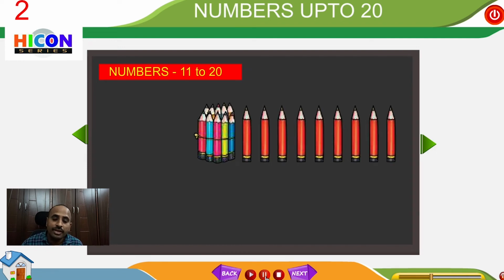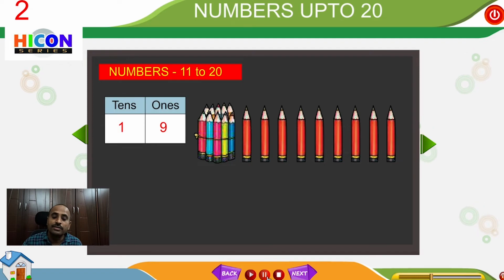So children, can you write the number from this picture? Yes, how many ones are there? There are a total of 9 ones. That means 9 single pencils are there. Now, how many tens are there? Yes, there is 1 ten. So there are a total of 9 ones and 1 ten.